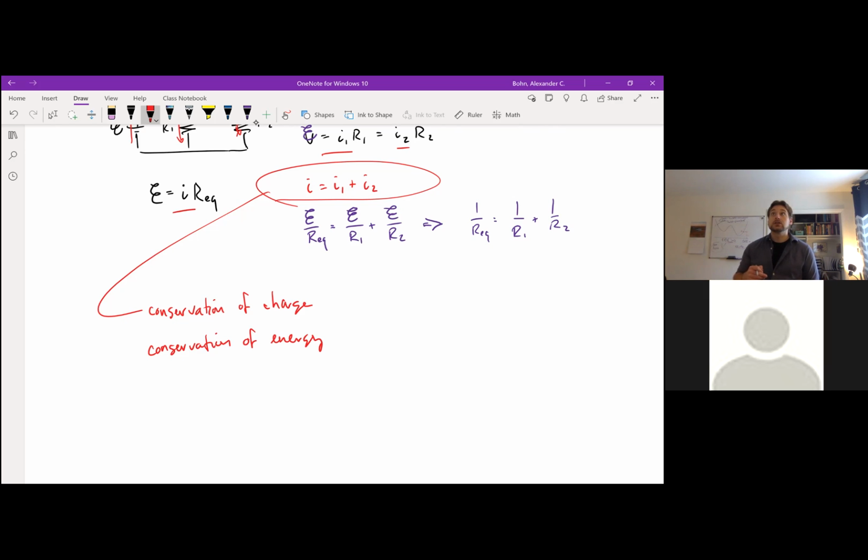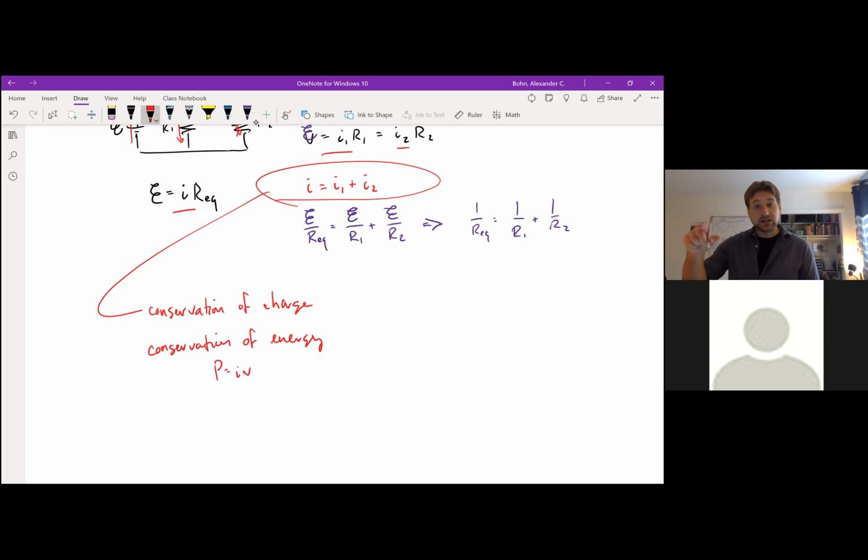The power supplied by a battery is the current times the voltage.